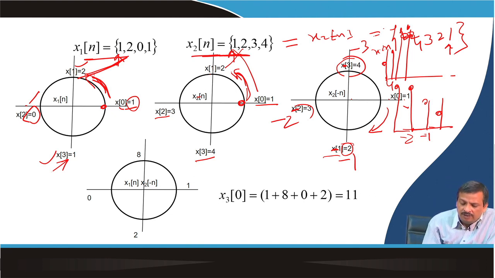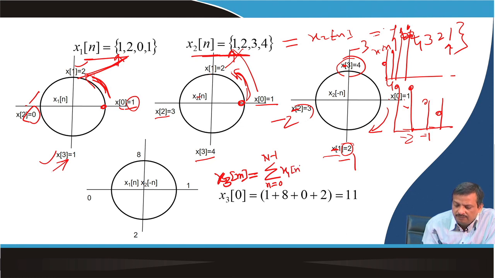Now, what I said, x3 m is equal to, tell me, the sum for n equal to 0 to N minus 1 of x1 n into x2 m minus n, circular convolution, circular sequence of N. Okay.